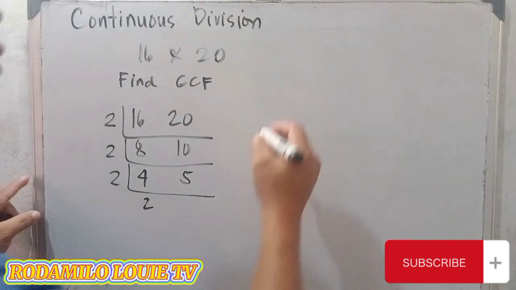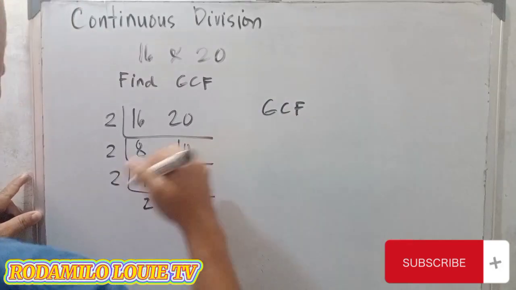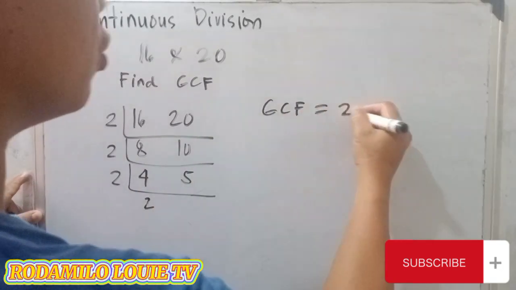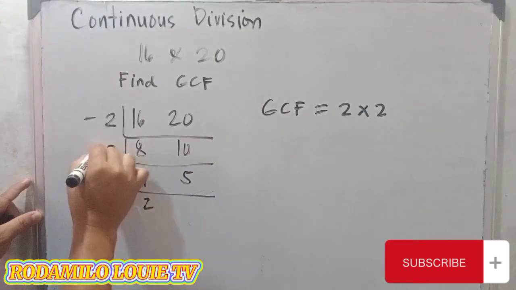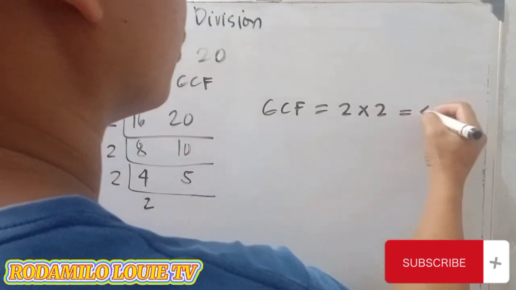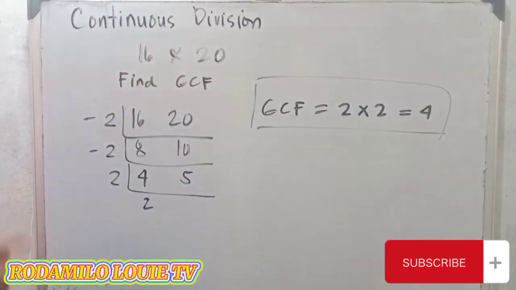So therefore ang common nila, ang GCF greatest common factor nila ang duha is 2 times 2 is equal to 4. So ang answer is 4 gihapon using continuous division.